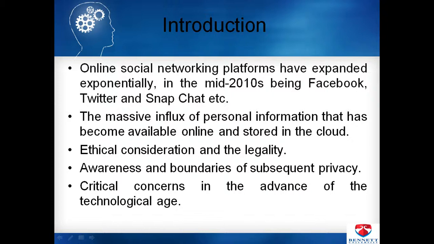Every company is under legal obligation that your privacy should be maintained. And next is the critical concern in the advance of the technological age. So this is the introduction, why I am choosing this type of problem: social networking, Twitter, ethical consideration, awareness, boundaries, and critical concern in the advanced technological age.